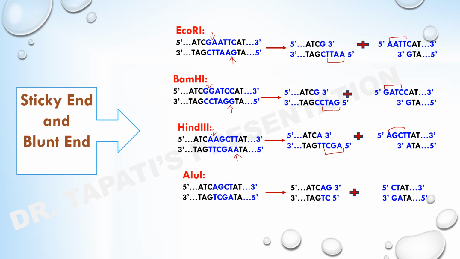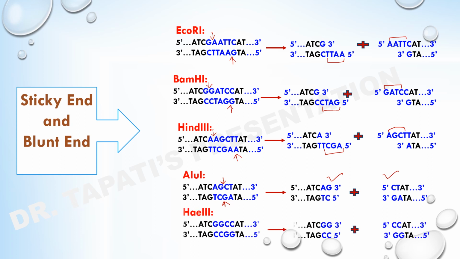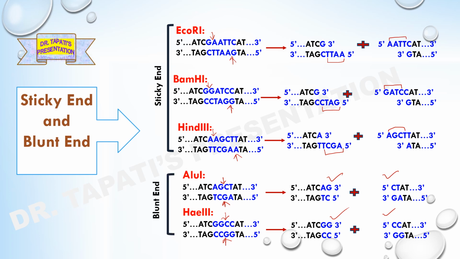It recognizes the AGCT sequence and makes a simple cut in the middle of the AGCT sequence, producing two blunt ends. Whereas HaeIII recognizes the GGCC sequence, cuts in the middle of it and produces two blunt ends. So from this slide, you observe that EcoRI, BamHI and HindIII produce sticky ends, whereas AluI and HaeIII produce blunt ends.